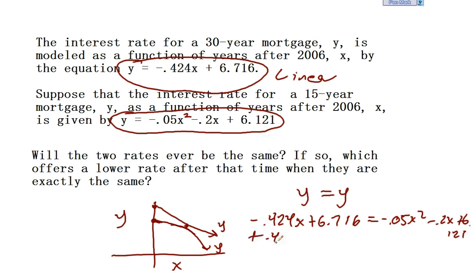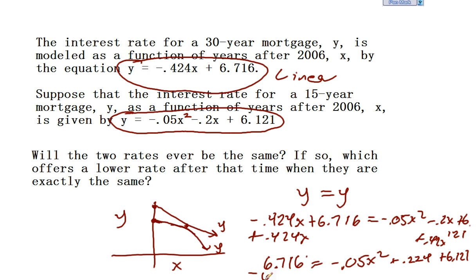So I would add 0.424x to both sides, and I would get 6.716 on the left, negative 0.05x squared, 0.424 minus 0.2 would be plus 0.224, and then I still have the plus 6.121 over here.